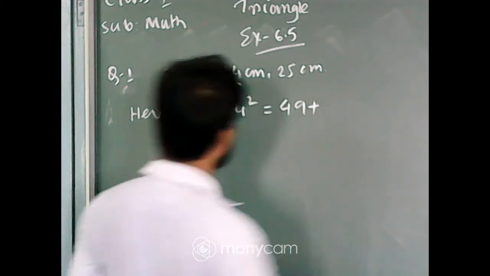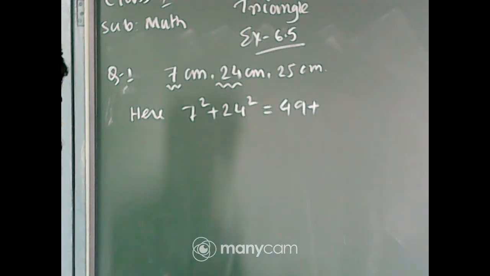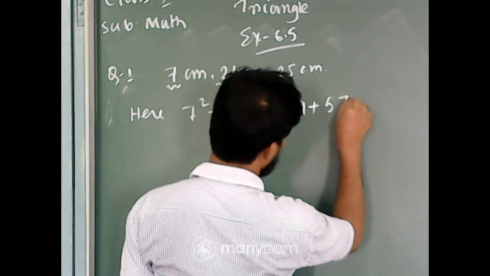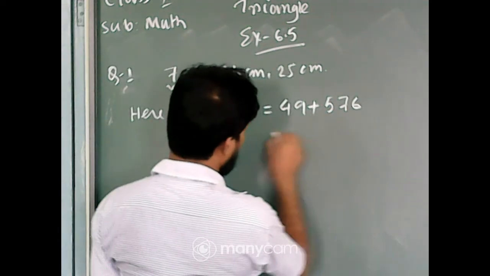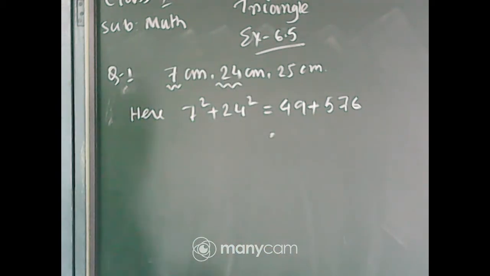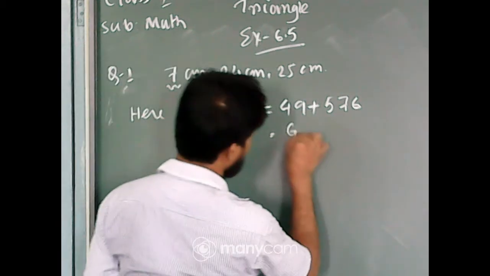And what is the square of 24? Yes, 576. Now if I add these two terms, 49 plus 576, what will be the value? Yes, 625. Very good.